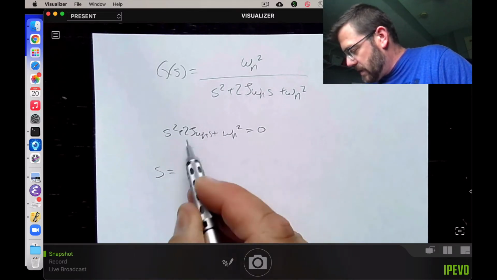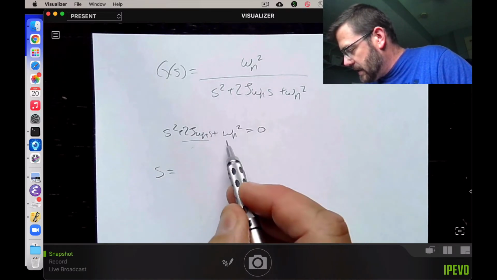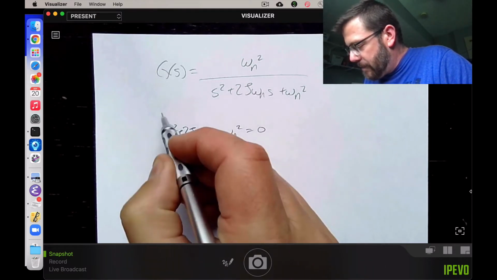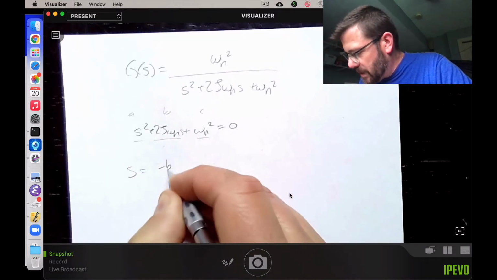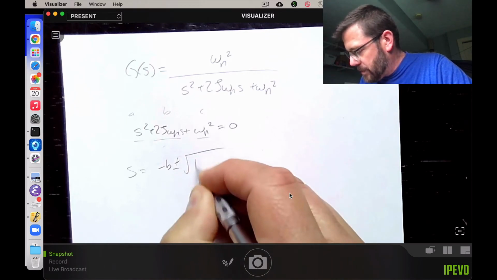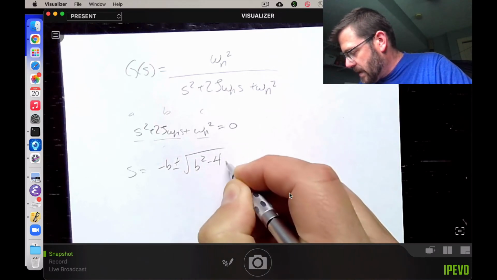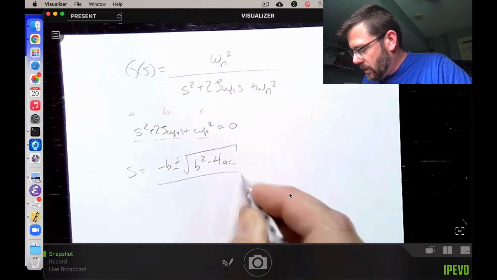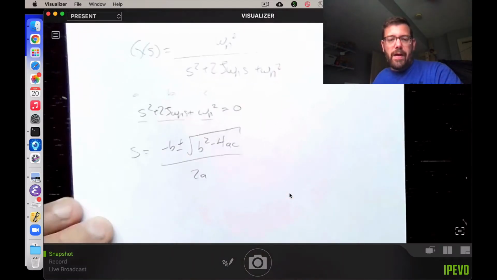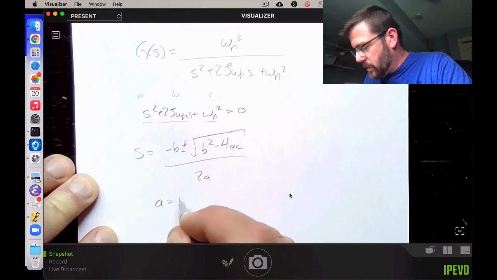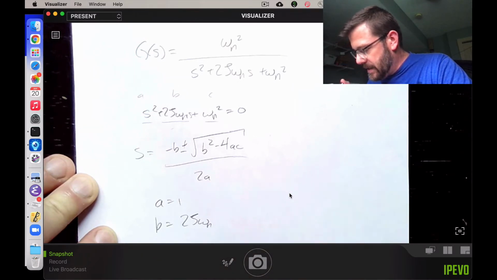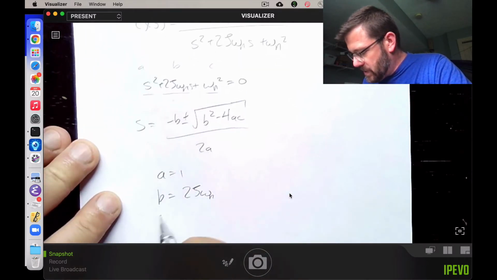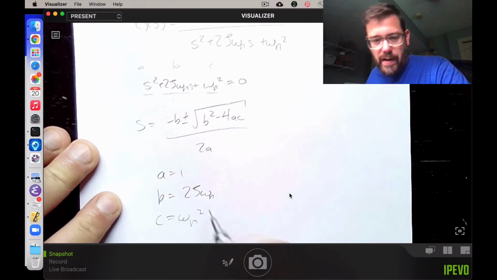So s is going to be, so this is my a, b, c from high school, right? So we remember that it's negative b plus or minus the square root of b squared minus 4ac all over 2a. And so we're substituting in a is equal to 1, b is equal to 2 zeta omega n, and c is equal to omega n squared.